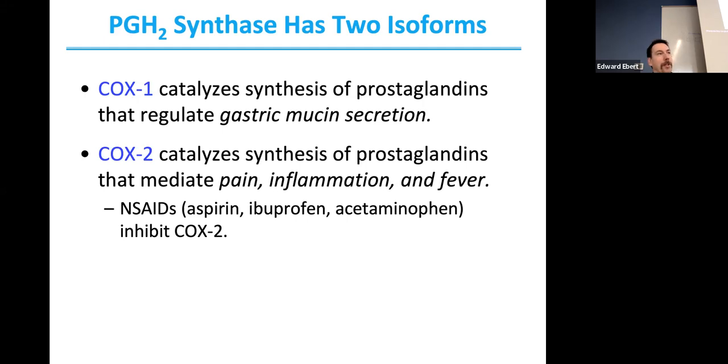Why? Well, aspirin non-specifically affects all the cyclooxygenase enzymes. So we want to stop COX-2 because we want to reduce pain, inflammation, and fever, but COX-1, not so much, all right?